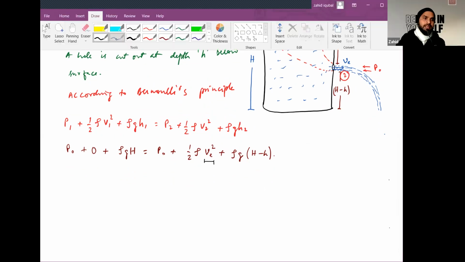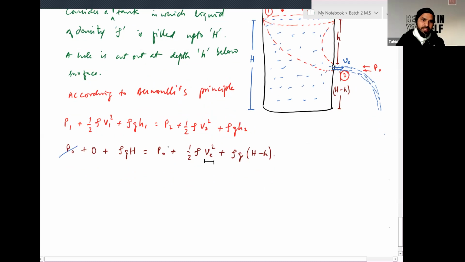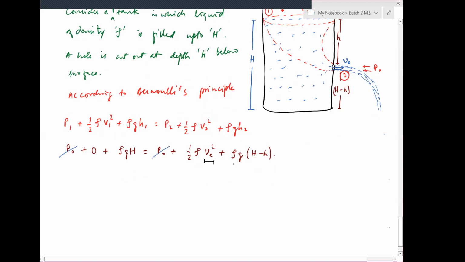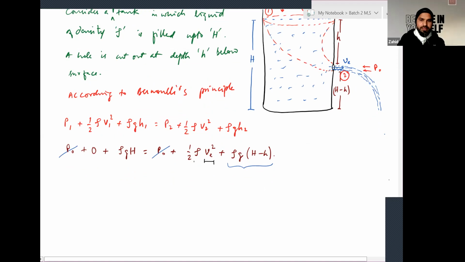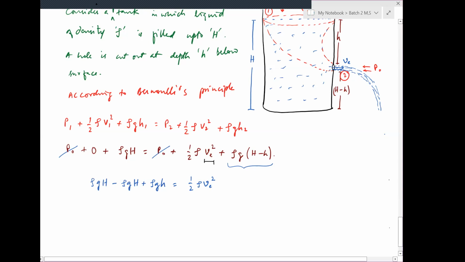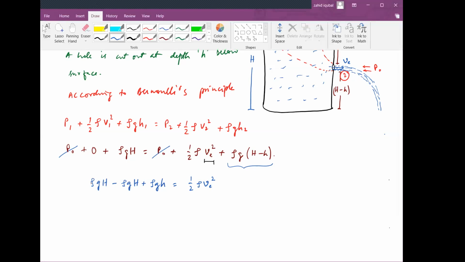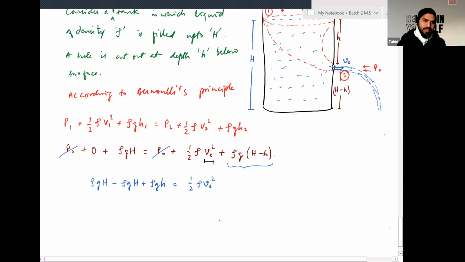Let me solve. This P naught and this P naught will cancel out. Now, just move this particular term to left side. So you'll get rho g H minus rho g (H minus h) plus rho g small h must equal half rho velocity of efflux square. So in this part, this term and this term will cancel out.